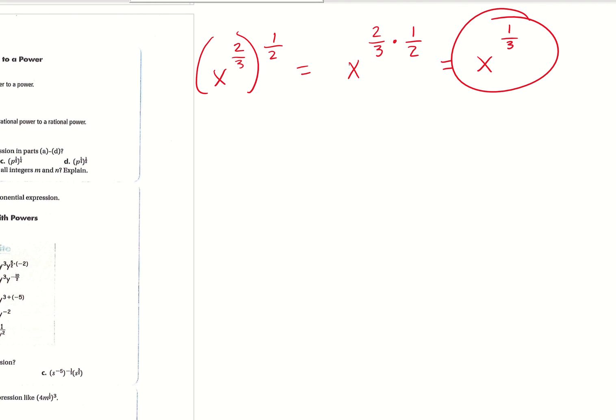So like I said, you just want to multiply these together to get your new power. At this point, I want you to go ahead and try out problems B and C on your own. And then when you finish that, we'll come back together as a class.